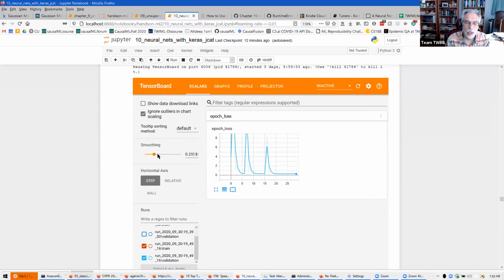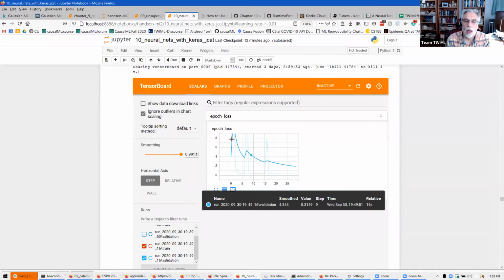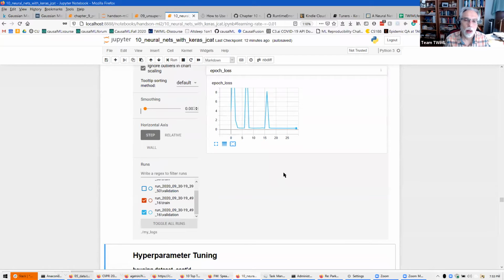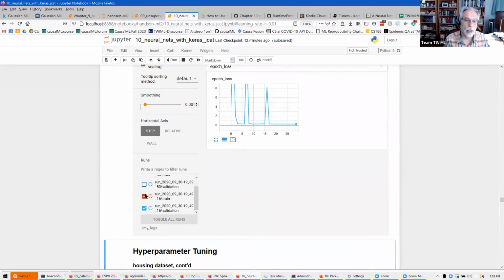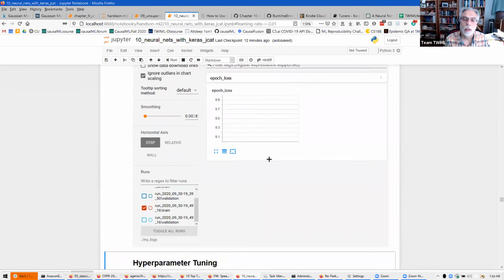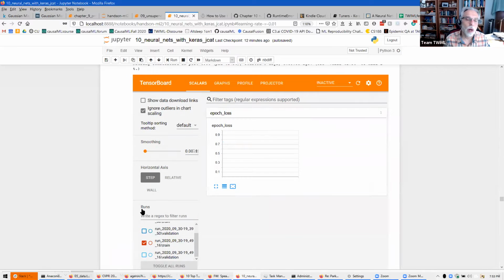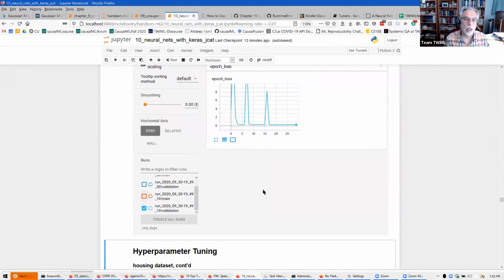And all this does is smooth out those curves. So I guess if you wanted to smooth it a lot, you would do that. But if you don't smooth it at all, this is actually what it looked like. And I don't understand why we're not seeing anything for the first run. Oh, I know why, because it's not looking at the first run.